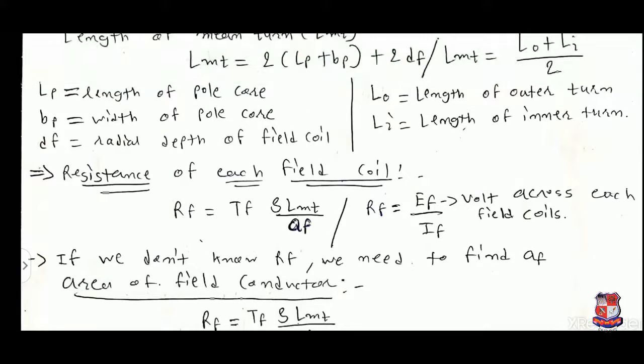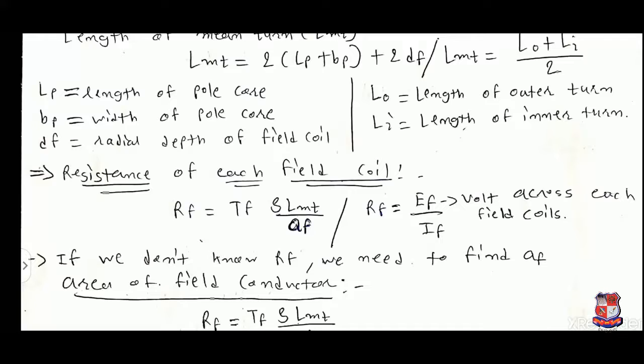TF is nothing but the number of turns of the field coil, because there is not a single turn, there are lots of turns over there, so we need to consider those turns. So we need to add TF in the calculation of RF. All the other remaining things are the same, only the change is length. We have to take the length of the mean turn.